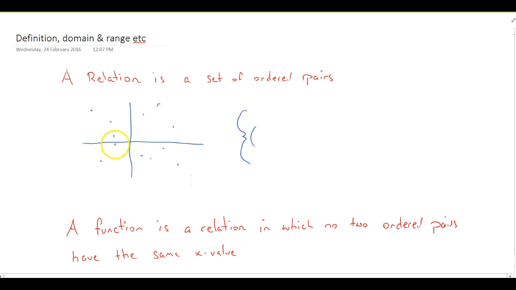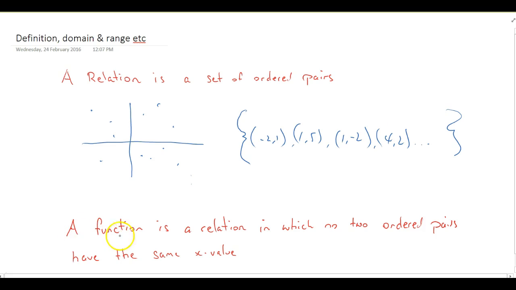So just to write a few of them down, this might be (-2, 1). This one here might be (1, 5). This one here might be (1, -2). This one here might be (4, 2), that sort of thing. So if we listed all these out, what we've got, a set of ordered pairs, that's a relation.